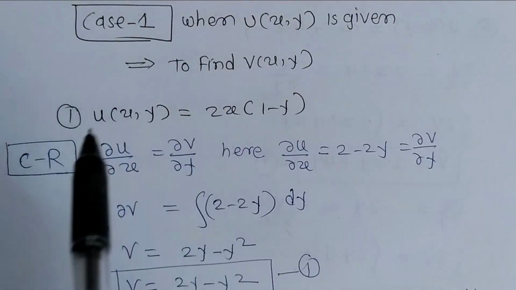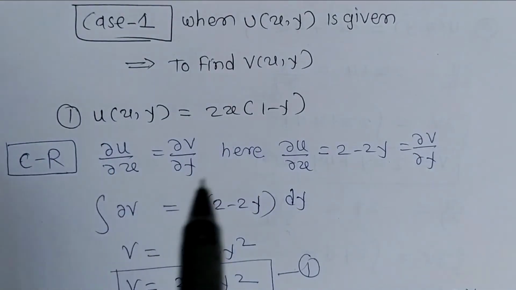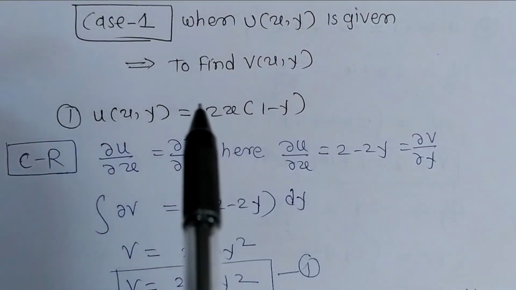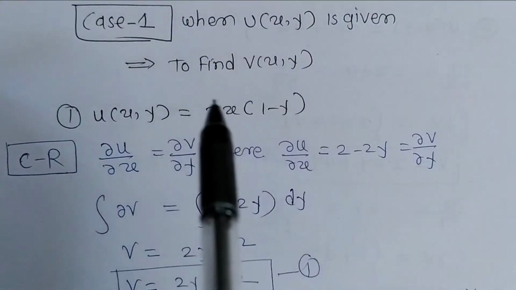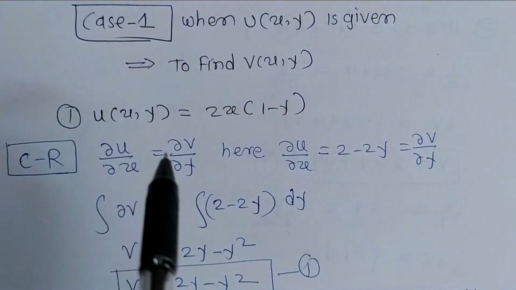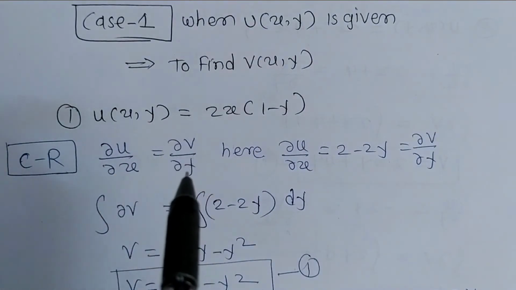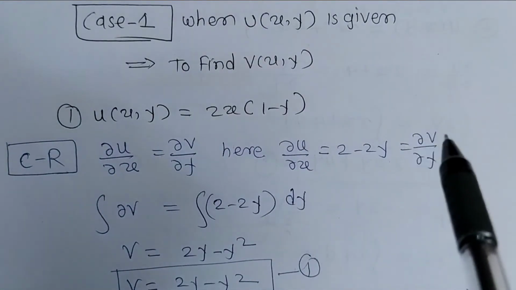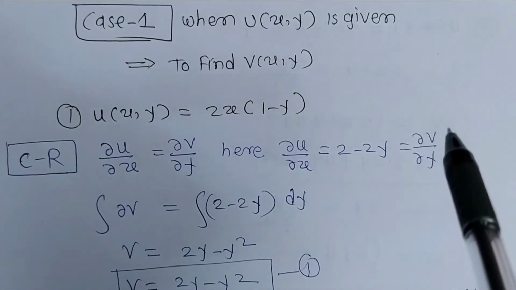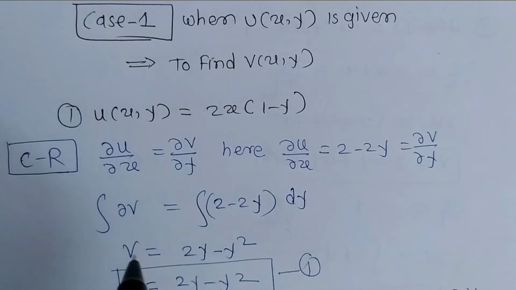We know that according to the Cauchy-Riemann condition, dou u by dou x, that is with respect to x, is 2 minus 2y. So dou u by dou x is equal to dou v by dou y. When we integrate this dou v by dou y, we will get the value of v.